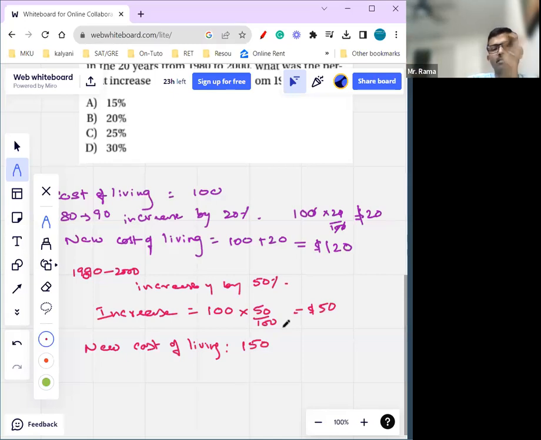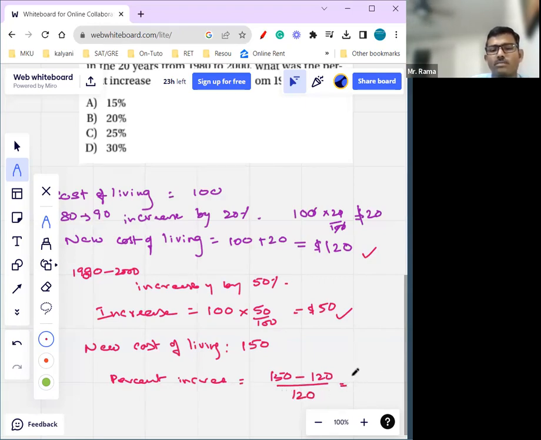But from 1980 to 1990, that's 120. And 150 is the new cost. So now the percent increase is 150, take away 120, over the initial, which is 120.